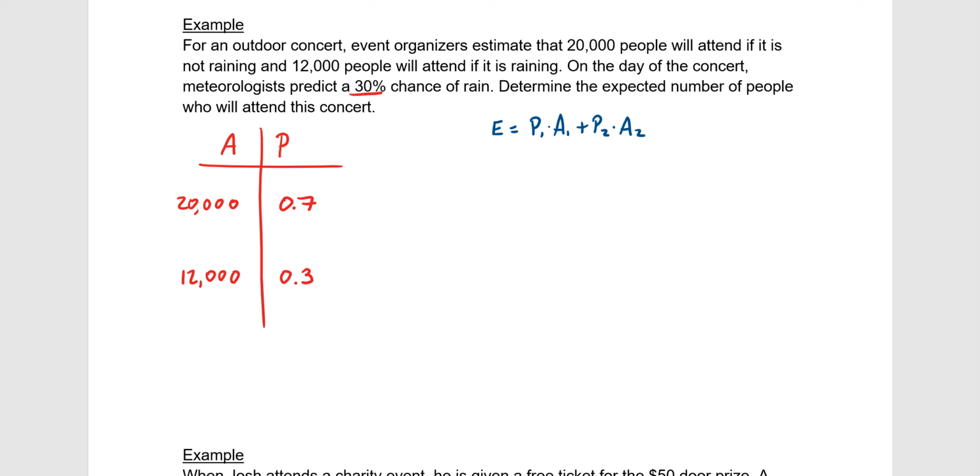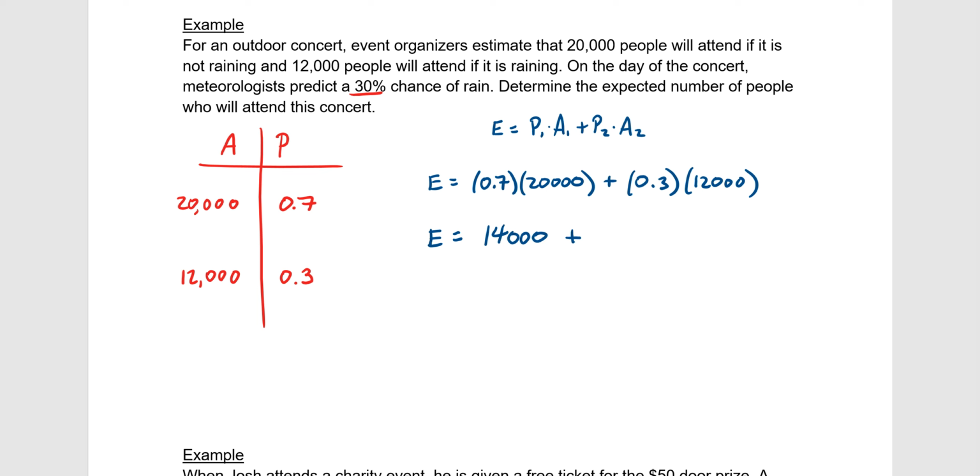Okay, let's go ahead and plug these in. So the expected value is going to equal 0.7 times 20,000 plus 0.3 times 12,000. And go ahead and plug that into a calculator. First plug the first one into the calculator, we get about 14,000.